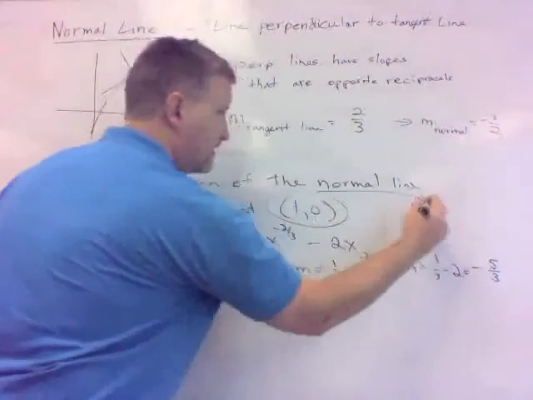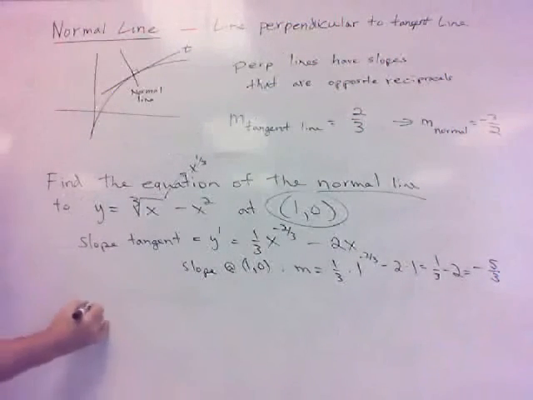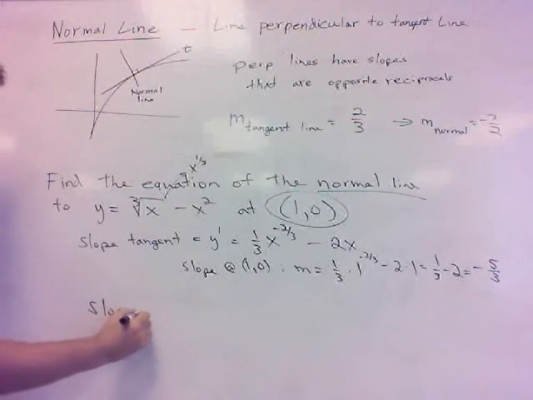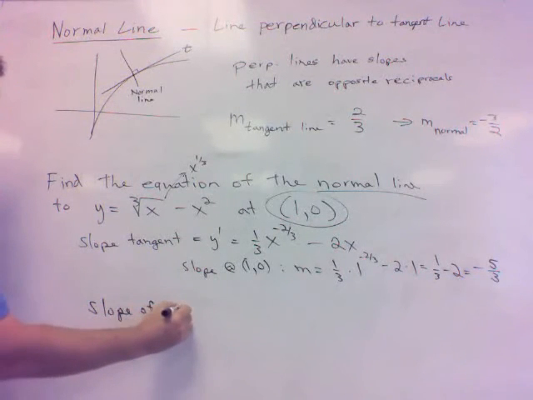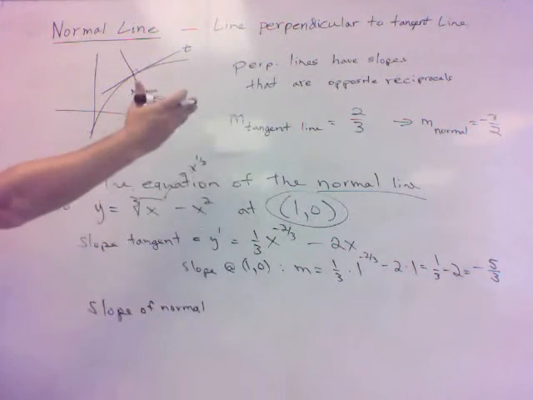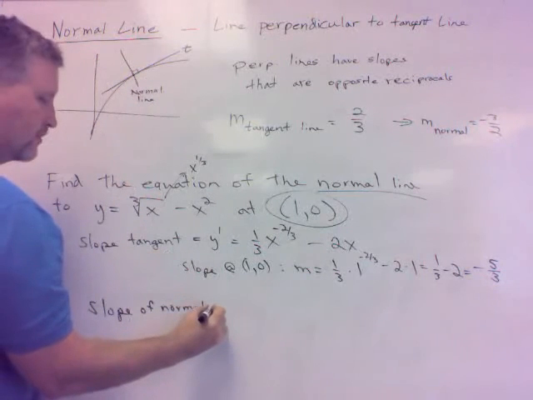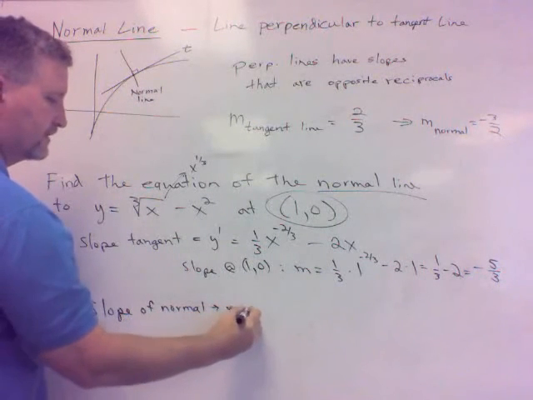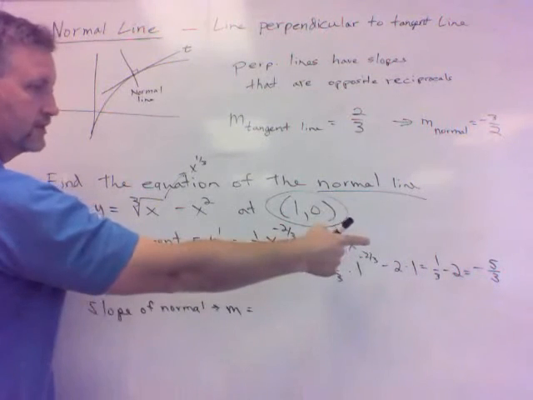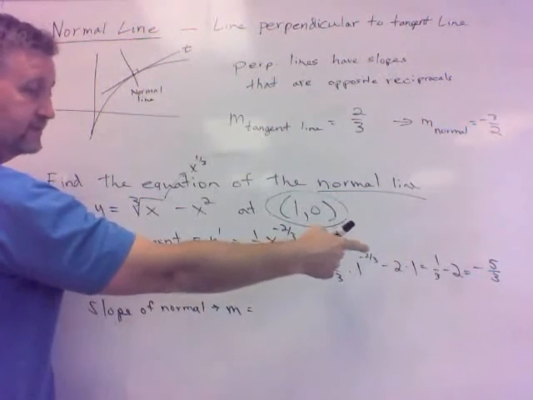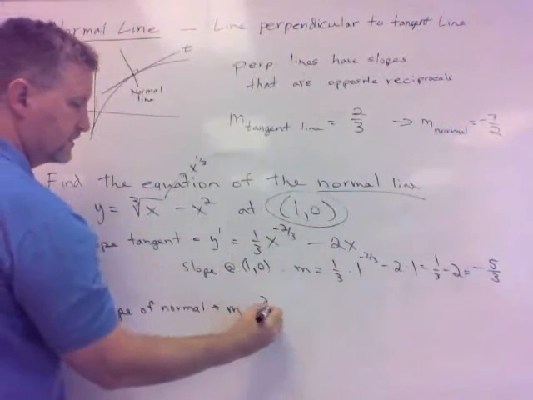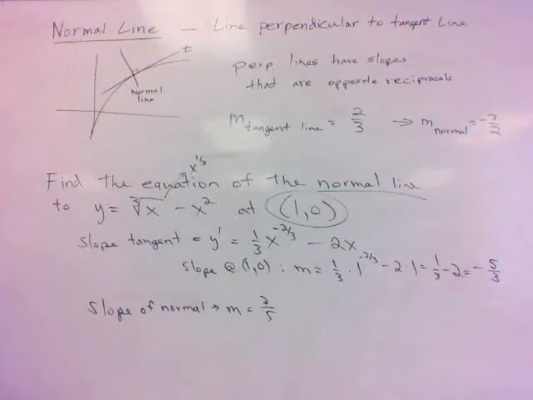I'm wanting the normal line, so how do I get that? That's the slope of the tangent. The slope of the normal line would be the perpendicular slope, the opposite reciprocal. So the slope of my normal line is m equals 3/5.